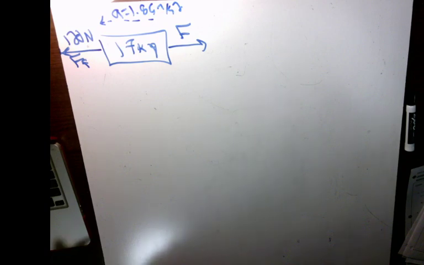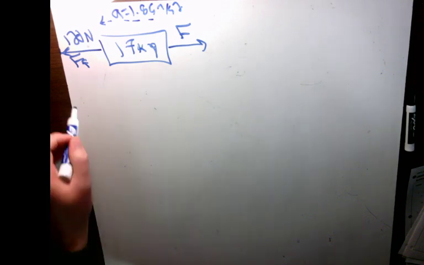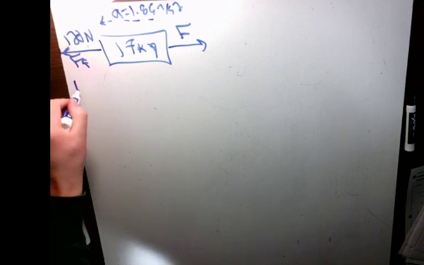So they give us a bunch of information about its speed. Actually, they only give us information about speed. They give us initial speed, acceleration, final speed. We're working with finding work here. So let's look at our kinematics.